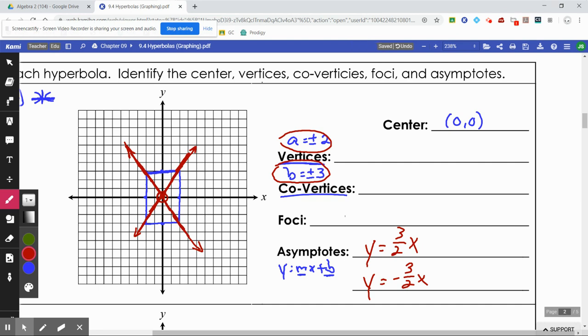Next up, we'll go ahead and graph it, and then we'll find our foci last, because the focus is actually not part of the graph. Since this is a horizontal hyperbola, the vertices are on the hyperbola, and I'm just going to sketch out a graph. I'm not going to draw a perfect graph.